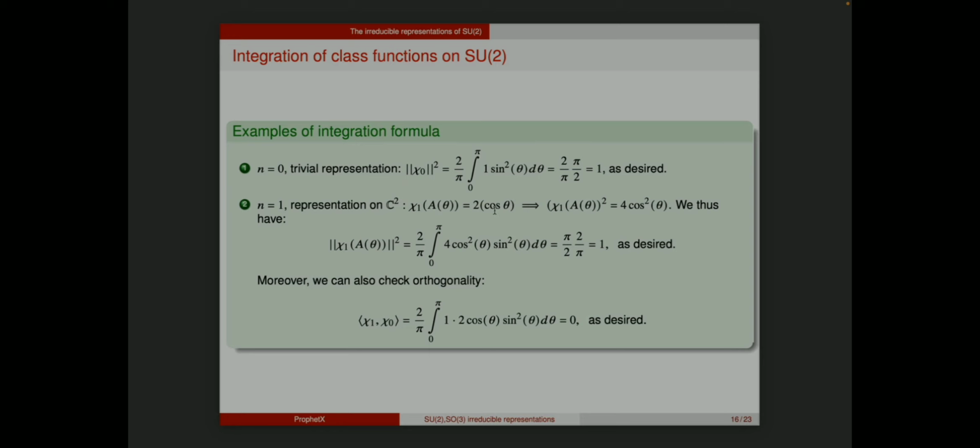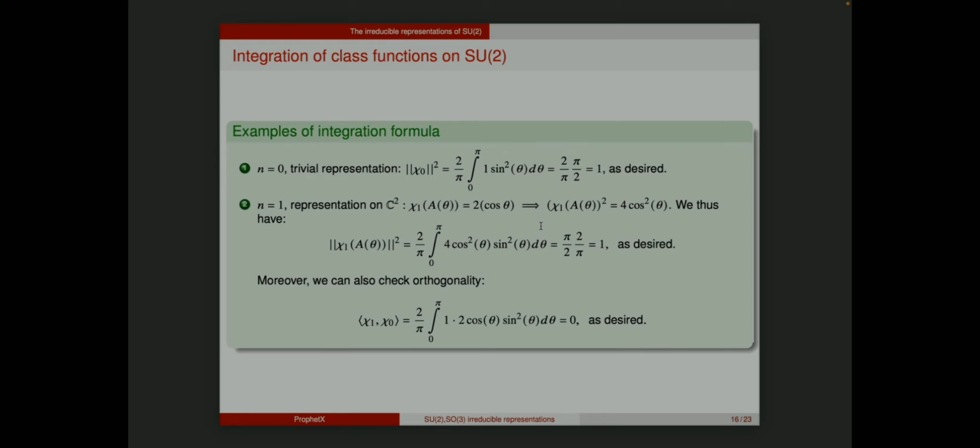And therefore, if we compute the square of the character, because that's what we're going to use in particular to integrate this over SU2, we have that this is 4 cos squared, and therefore by the formula which is given here, the norm of the character is basically 2 over pi, 4 cosine squared, sine squared theta.